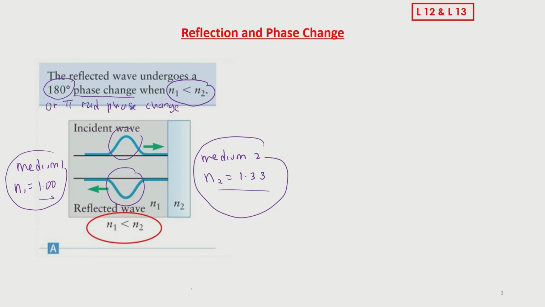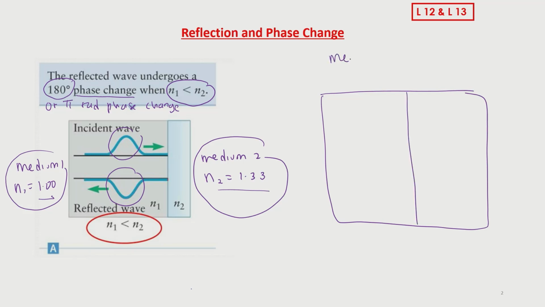Okay, to make it clearer, I'll draw a diagram. So you have two media. For example, medium 1 with refractive index of 1 and medium 2 with refractive index of 1.33. Let's say your incident wave is a positive wave, then a negative wave.